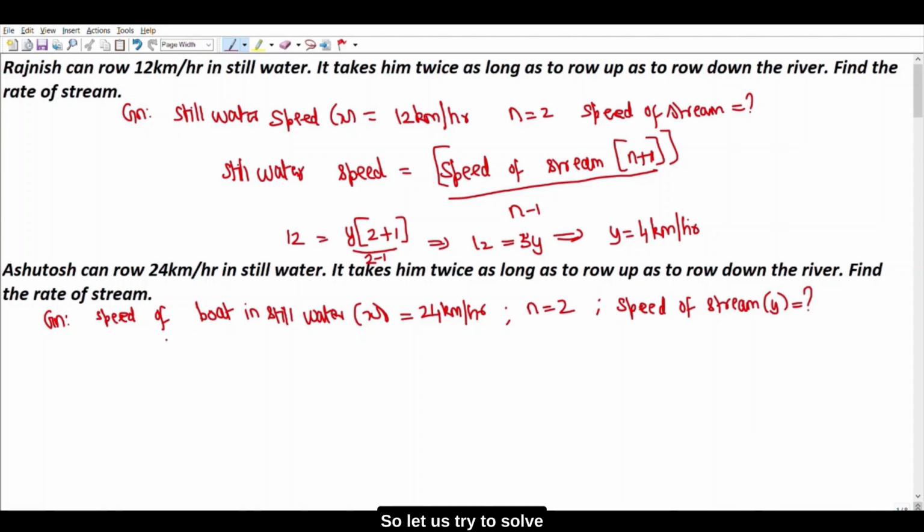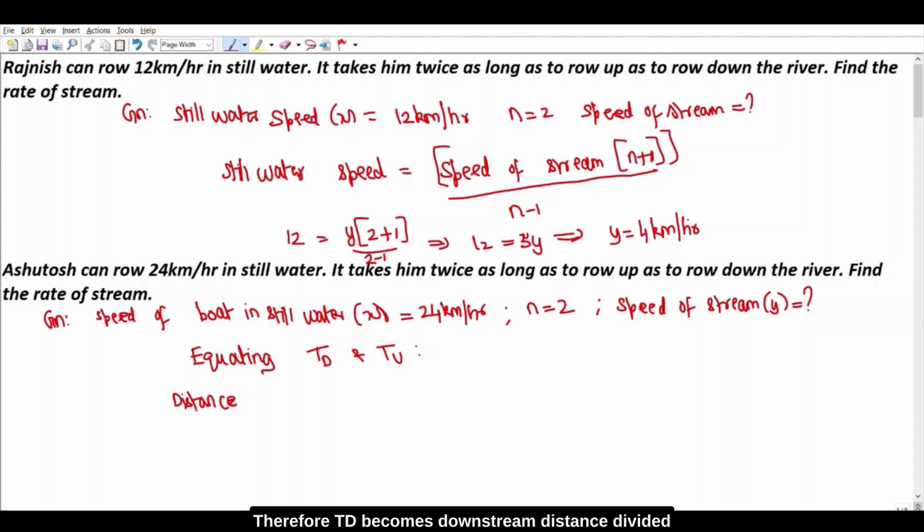So let us try to solve this question by traditional method. So we will be equating downstream time, that is Td, and upstream time, that is Tu. So we know that time taken is equal to distance by speed.